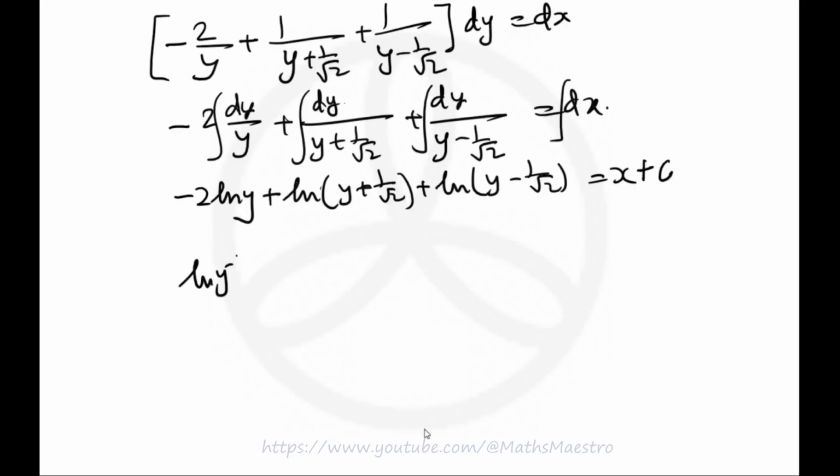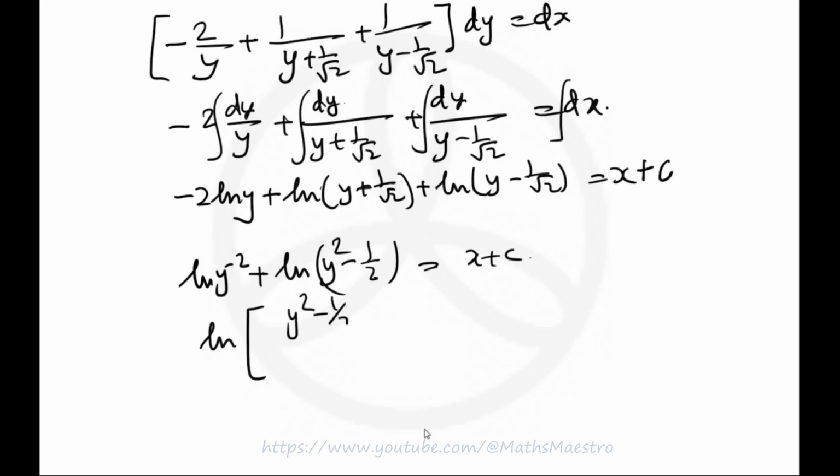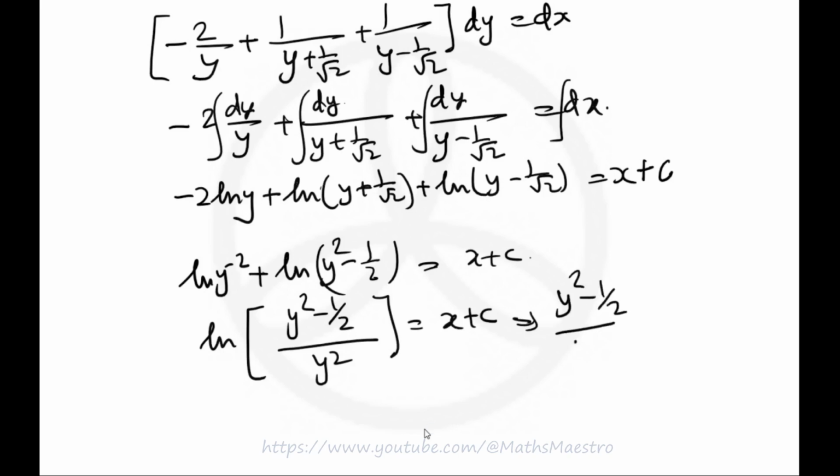This is ln y to the power minus 2 plus ln of y square minus 1. Both will be multiplied, and this can be written in totality as y square minus 1 divided by y square is equal to x plus c, and take an anti-log to get y square minus 1 divided by y square is equal to e to the power x plus c, or e to the power x times e to the power c.